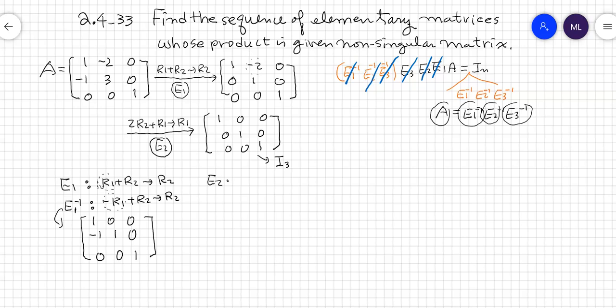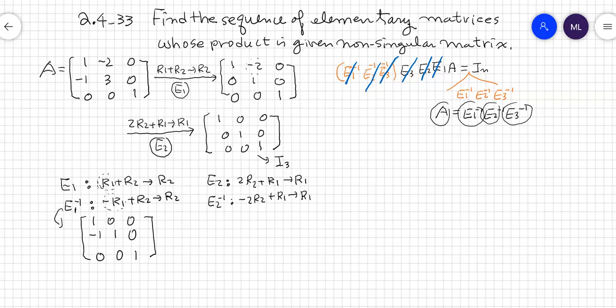What is E2? E2 is 2 copies of R2 plus R1 goes to R1. So the inverse of that is negative 2R2 plus R1 goes to R1.